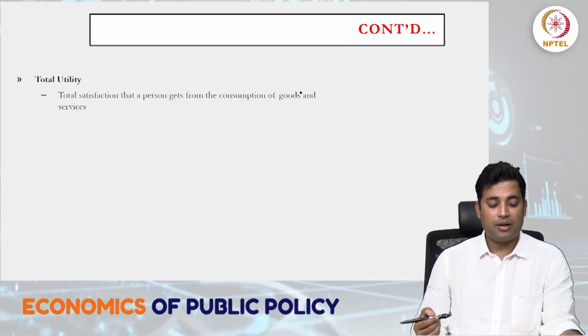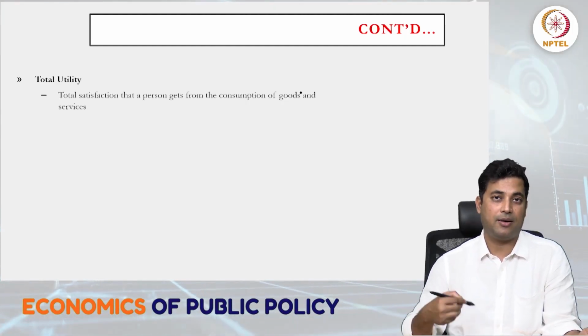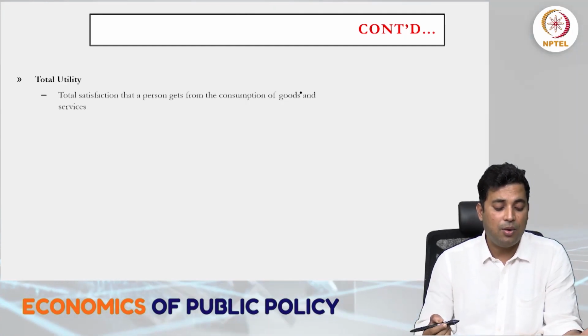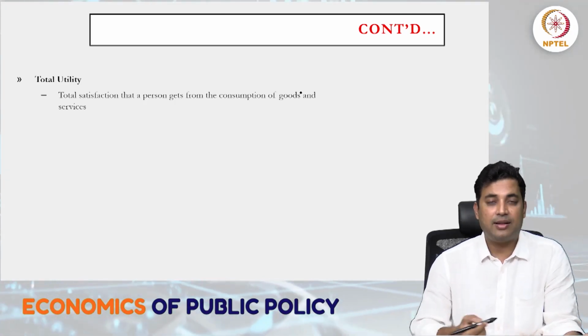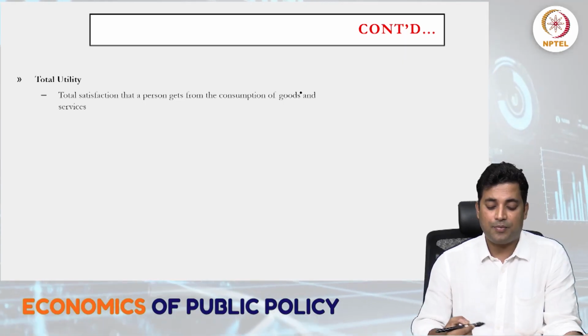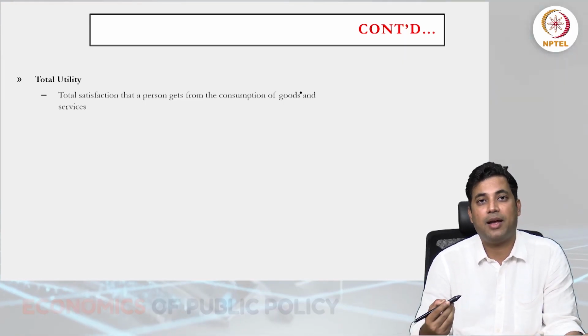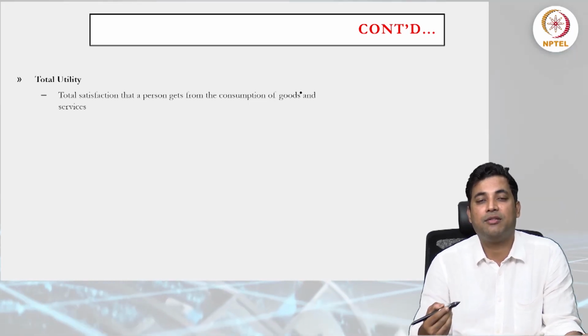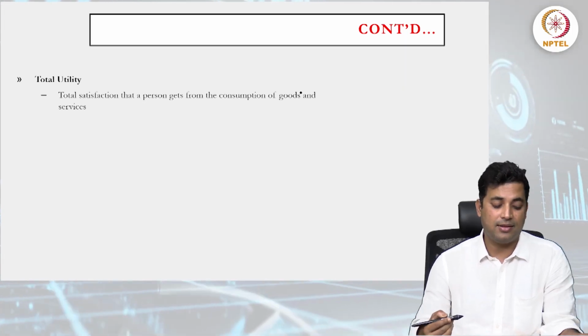So now, what is total utility? Even to calculate the marginal rate of substitution, what is total utility? Total utility is the total satisfaction that a person derives from the consumption of goods and services. Here, what is my total level of satisfaction from x or y if I consider it?